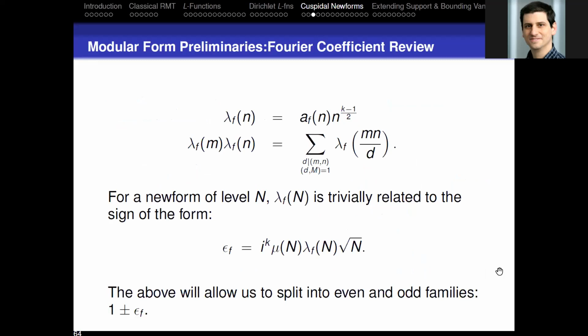So if I multiply by a factor like this, I just double count all the even forms and I don't count all the odd forms. And the other way, of course, if I wanted to study just the odd forms. The advantage of multiplying like this is that I can convert my sums to 2 new sums. One is just the same sum I had before, and the other is essentially multiplied by lambda f of n. And that's why I'm going to need to use the Petersson formula twice, once for just lambda f of p, and once for lambda f of p times lambda f of n. Next.